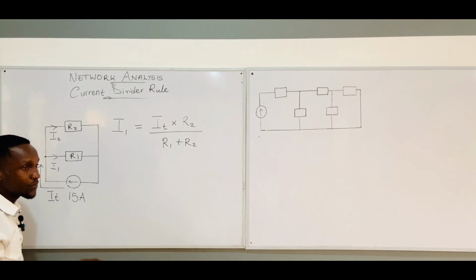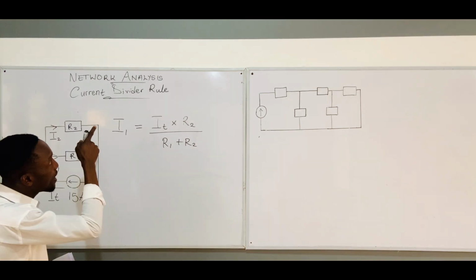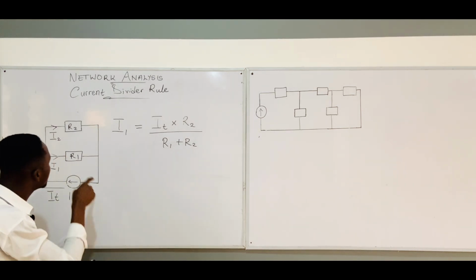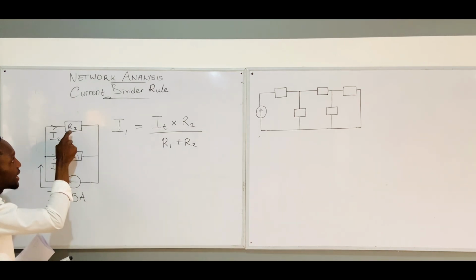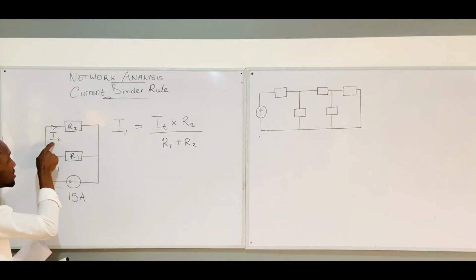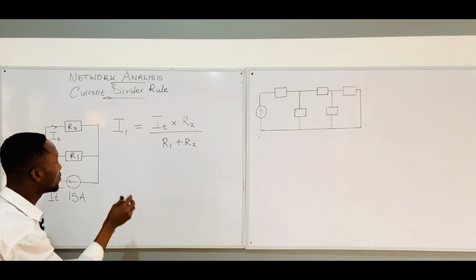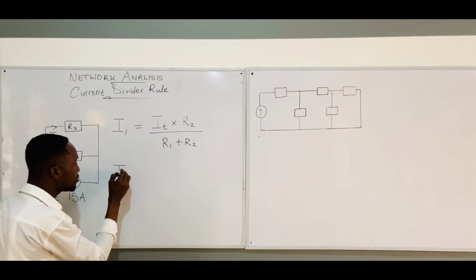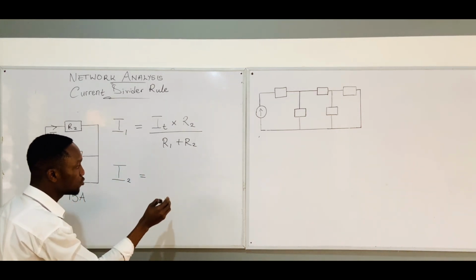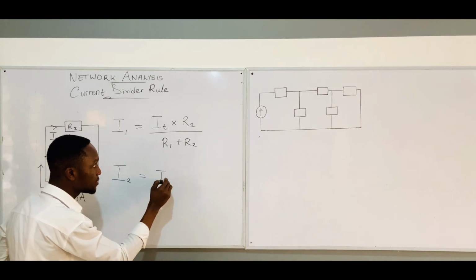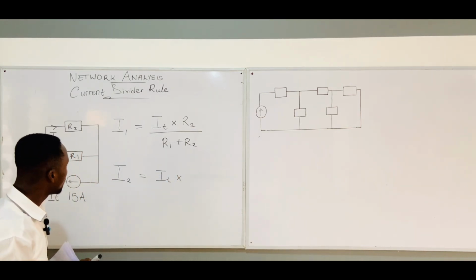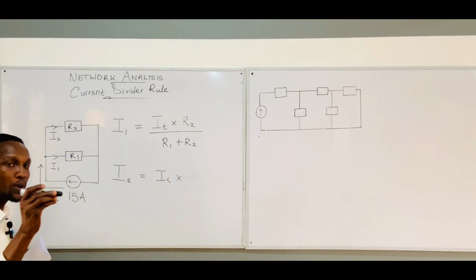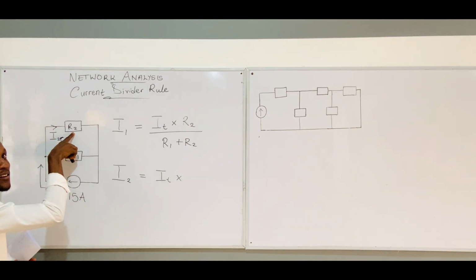In the same way, the current divider rule says that if I want to find the current through the second branch, which is I2, I'll write I2 equal to the total current times, now where is I2 passing? It is passing through R2, the second resistor.